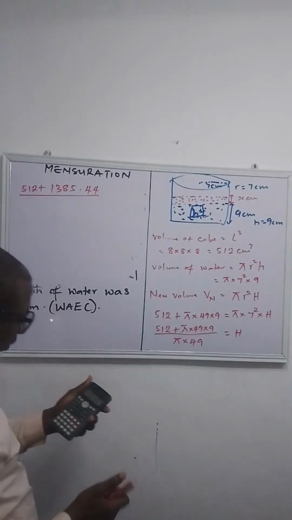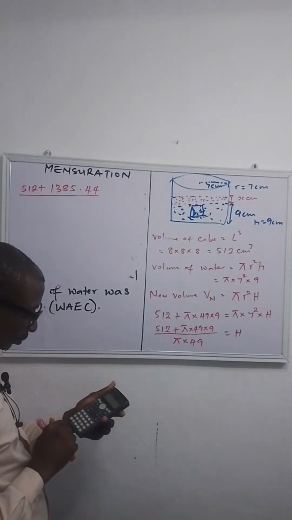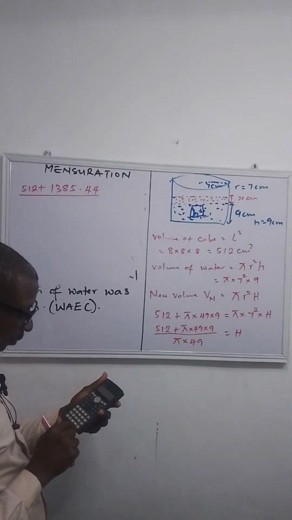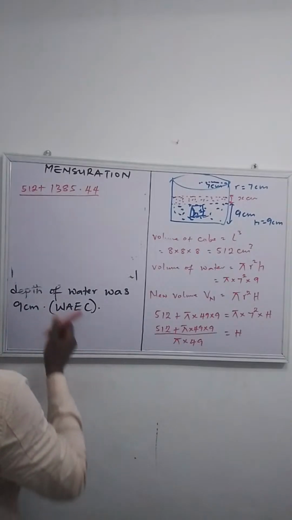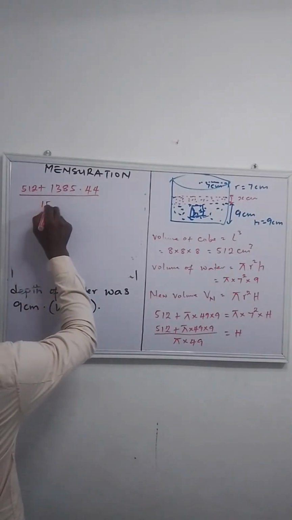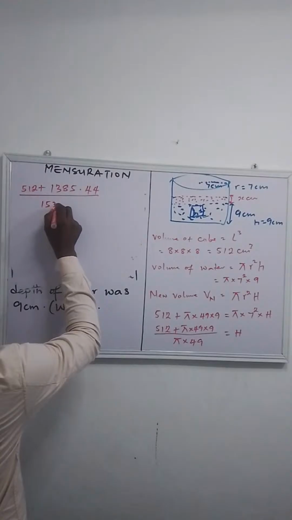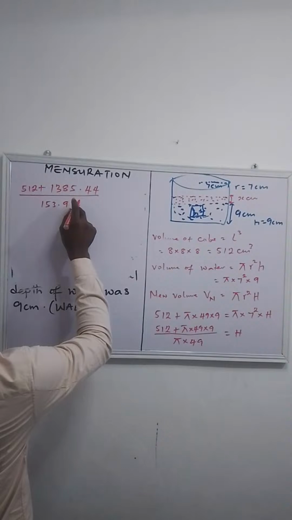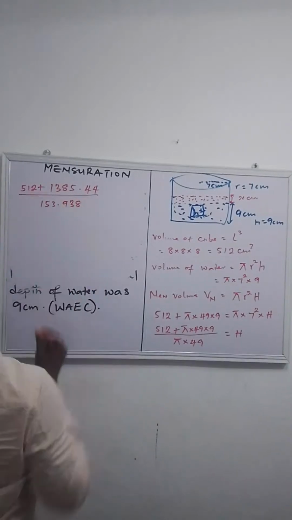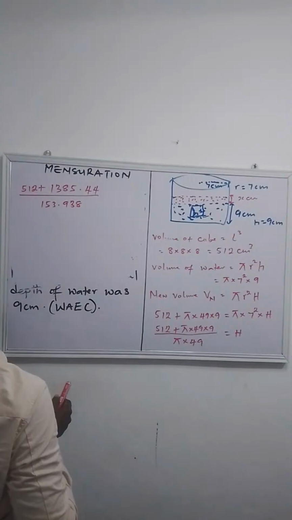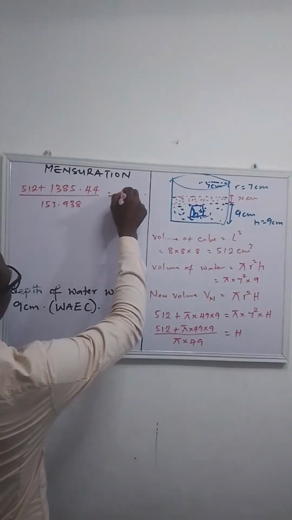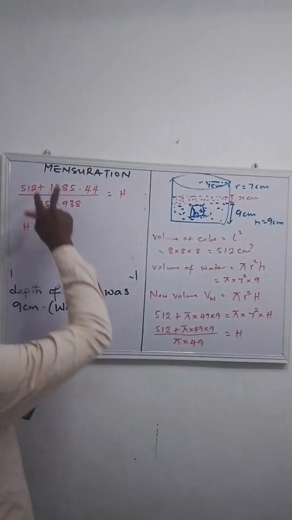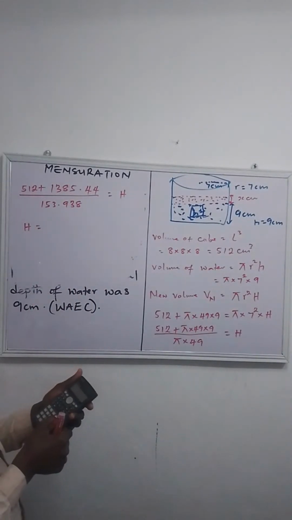Now let's multiply this. The pi times 49. When you multiply that, you have 153.938. So that's what we have. So we have h equals. Now let's add the two and divide by the denominator.